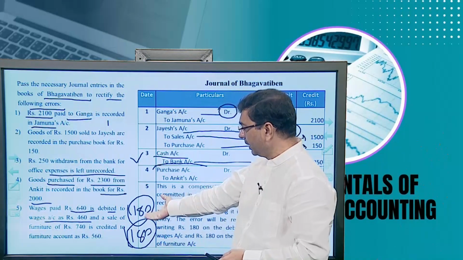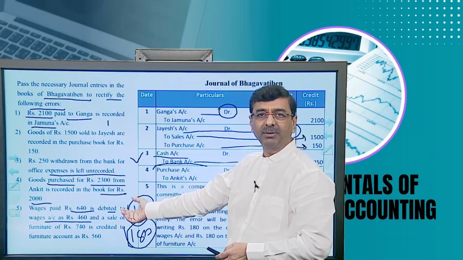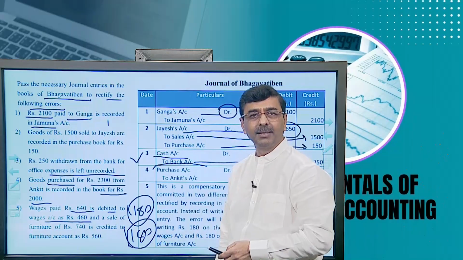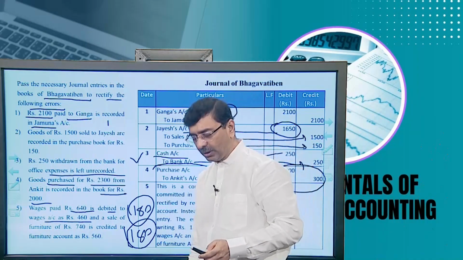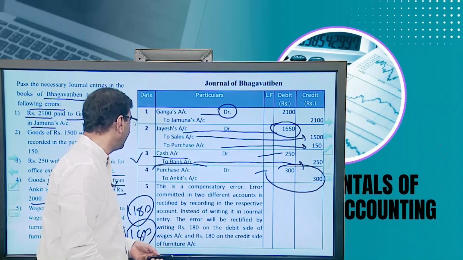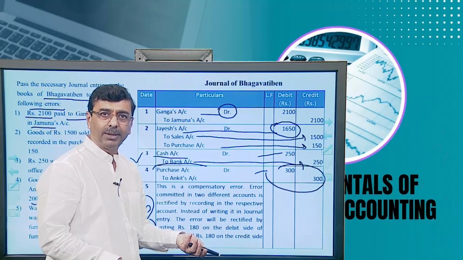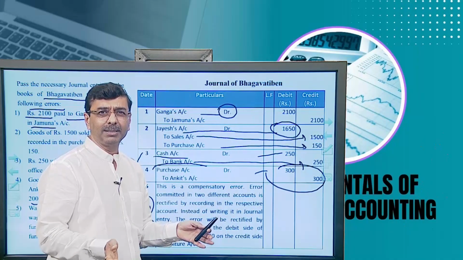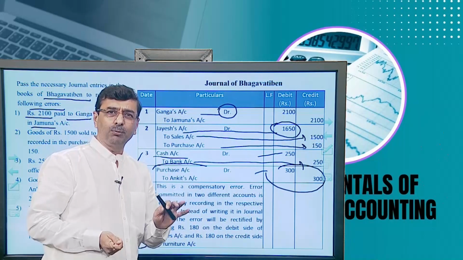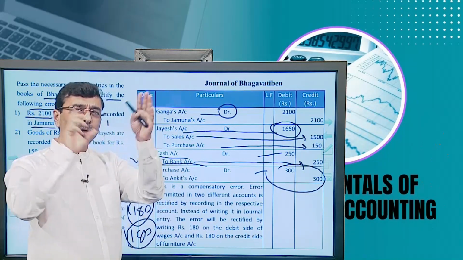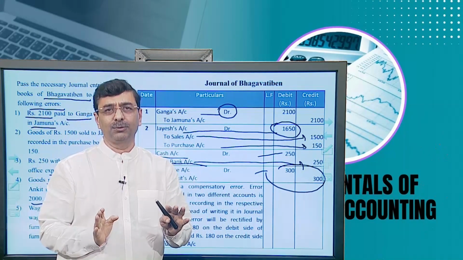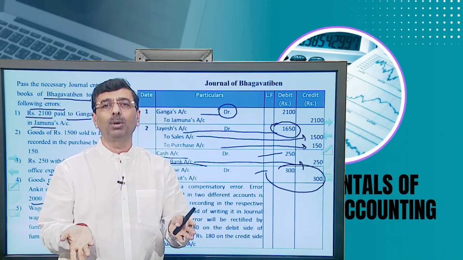If you see, wages is actually an expense and furniture is an asset; one is an effect on the debit and the other is an effect on the credit. So it is a compensatory error. If you want to write them together, you can correct the effect in a very simple way, but overall it does not affect the final accounts. Why? Because the debit and credit are of equal amount.